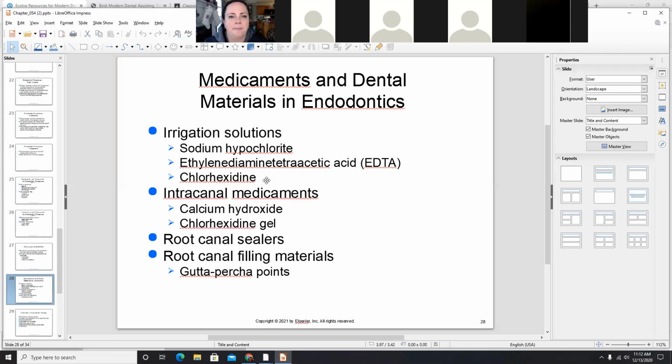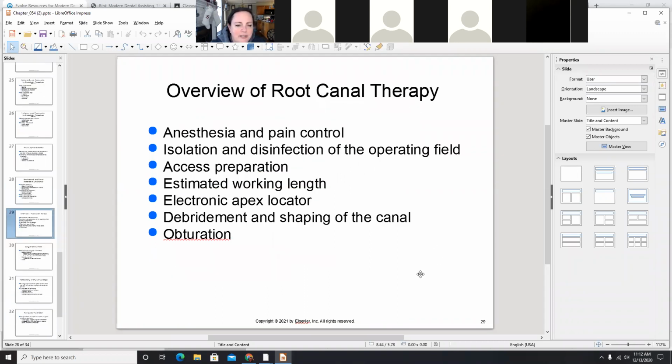I don't want to say it sterilizes the mouth because it doesn't, but it helps to disinfect. Okay. Intracanal medicaments are calcium hydroxide and chlorhexidine gel. We have root canal sealers and then the root canal filling material, which are gutta percha points. And these are all used in, like I said, endodontics is sort of a field of its own. Okay.